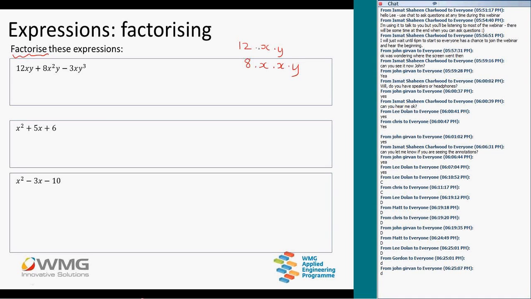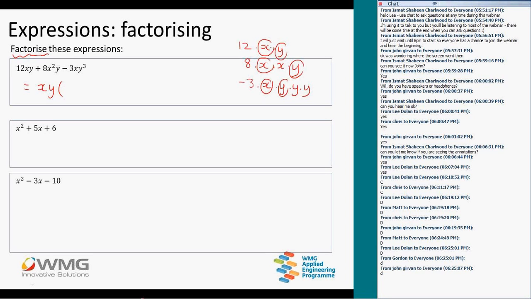times y times y. When I've expanded it like this, I can now begin to see what the common factors are. There are no common factors in these numbers here, but there are factors in the variables. I have an x in each of these, and a y in each of these. xy is common to all of them. So taking xy as the common factor, being able to see it like this, if I take out xy as a common factor, I'm left with 12.